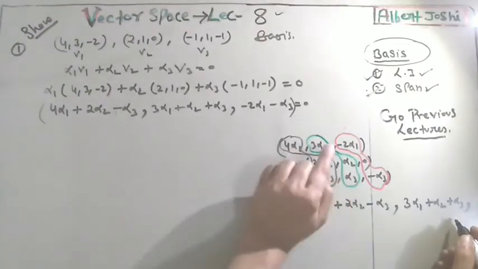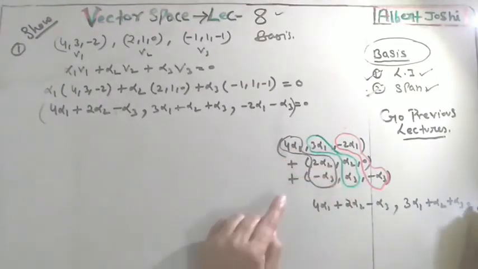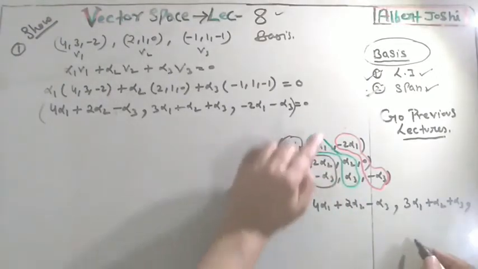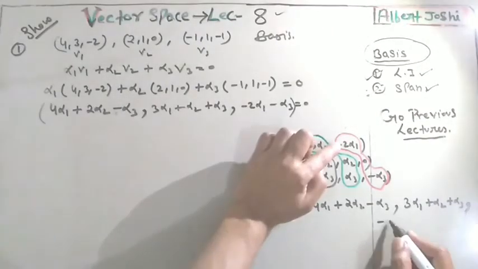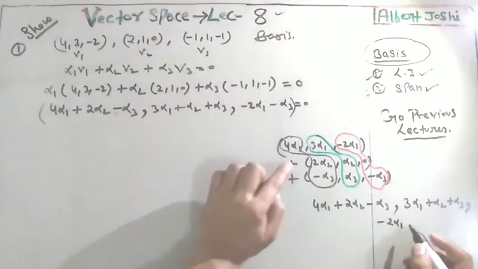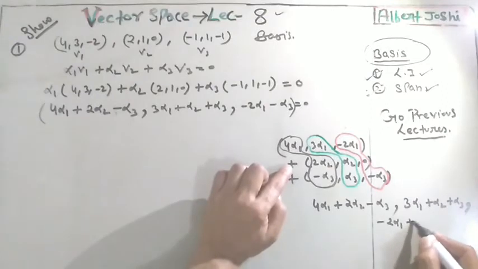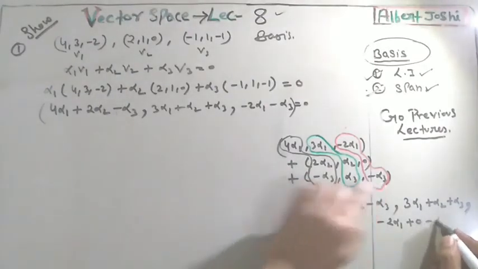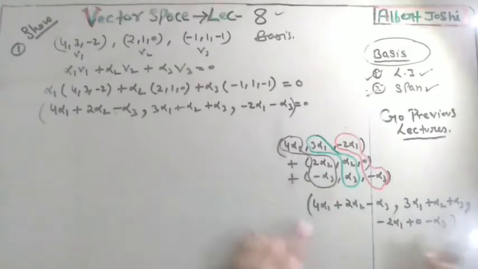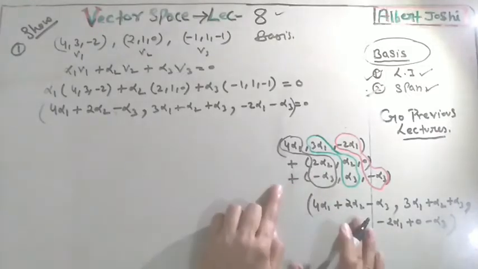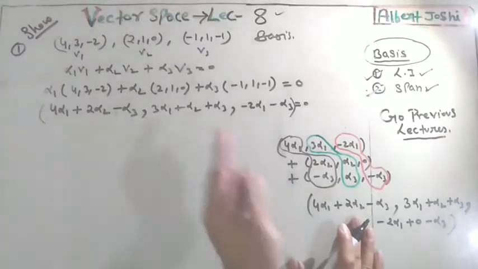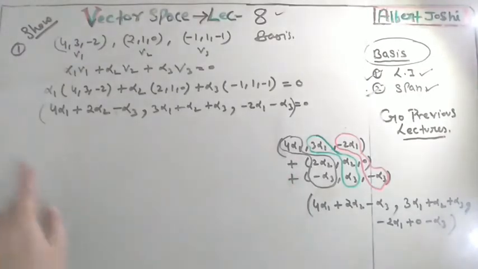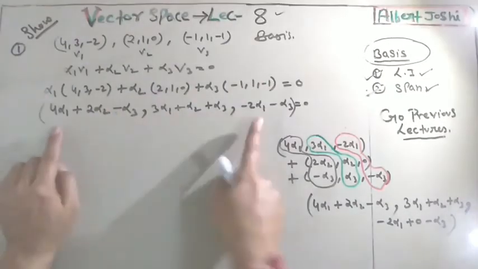Then the third one: minus 2 alpha 1, plus 0, plus minus, which is minus alpha 3. So this is the way to solve. If you are facing a problem again, pause the video and watch it again, then it will be clear. After that we have written it.